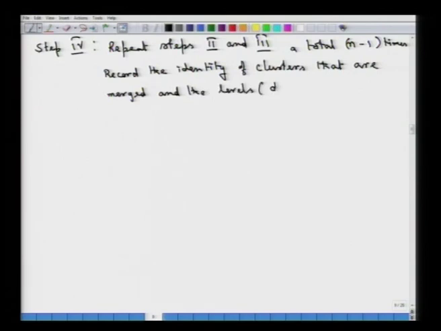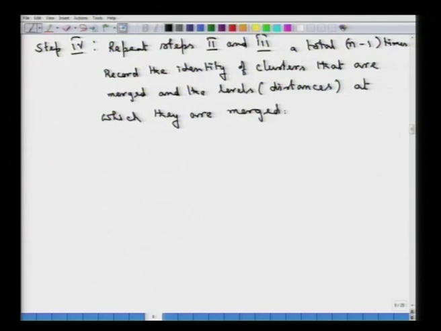Now these levels are nothing but the distances, the minimum distances that we are going to find out. We are not talking about similarities at the moment, we are looking at distance matrix only, levels at which they are merged.